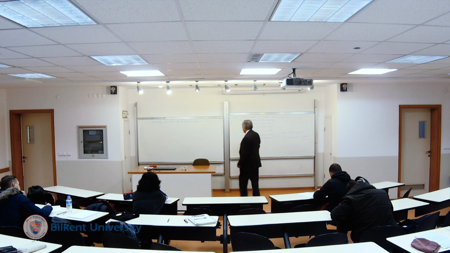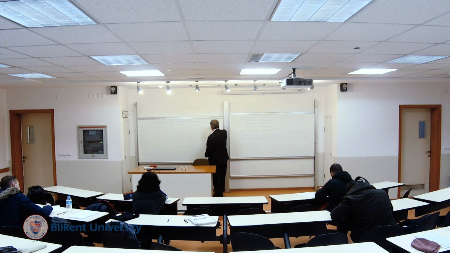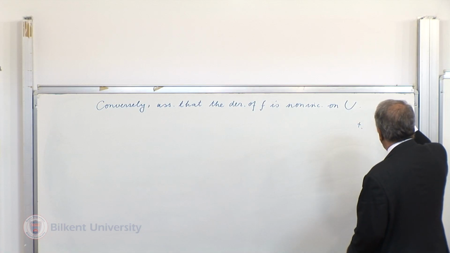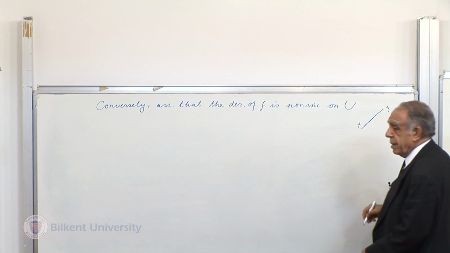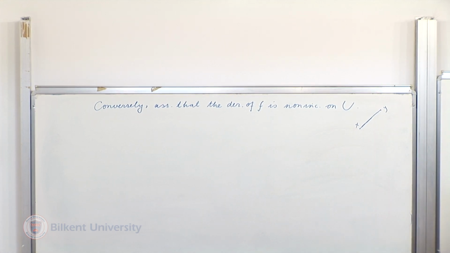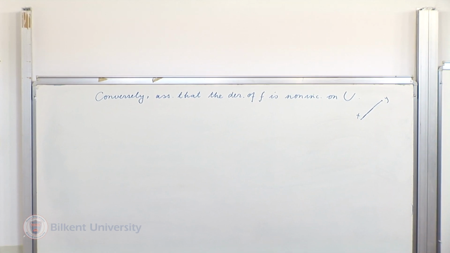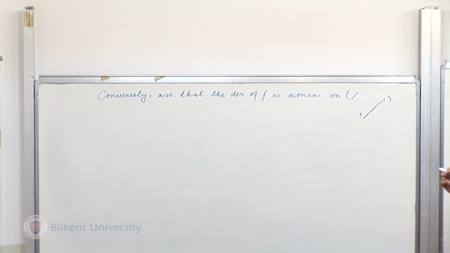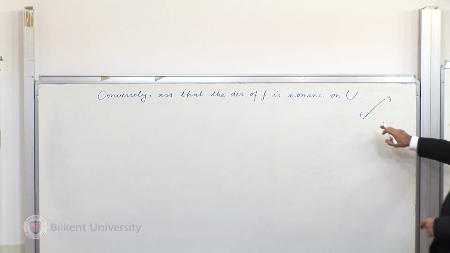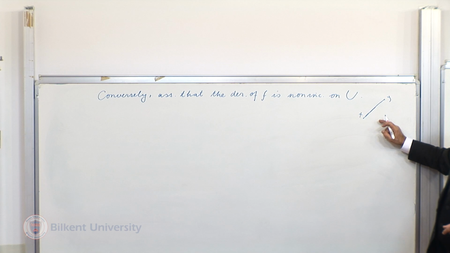So let us take x and y in u, but let us just confine ourselves to what happens on this line segment. What will be the advantage of this? Well, this will reduce the problem to one dimension. We will first translate the problem to this smaller one-dimensional world.